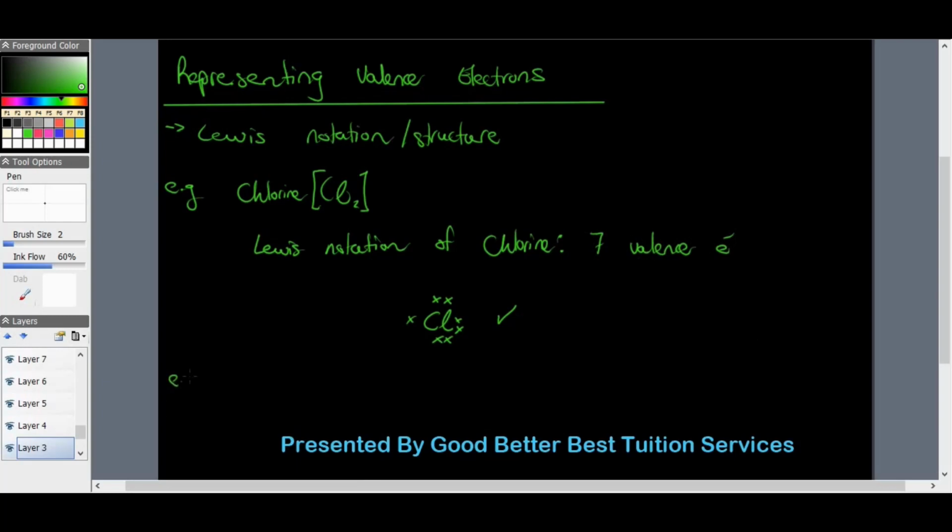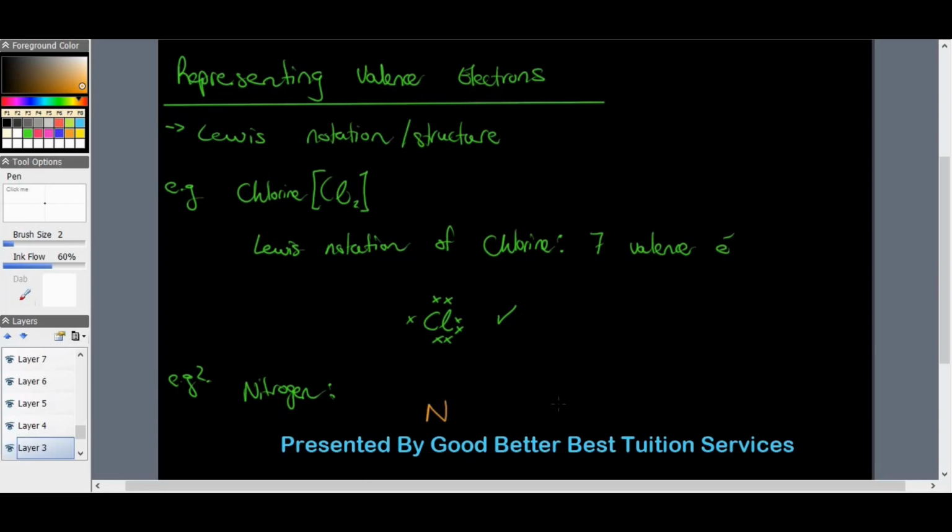If you take example 2, nitrogen, the Lewis structure of nitrogen is represented by just the letter N on the periodic table. We know it is in new group 15, but the Roman numeral for that group was 5.